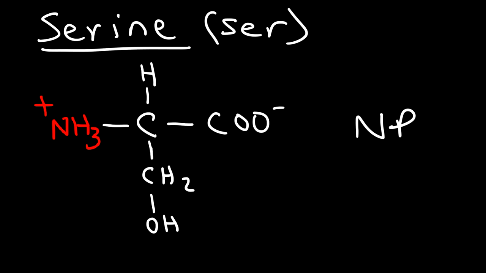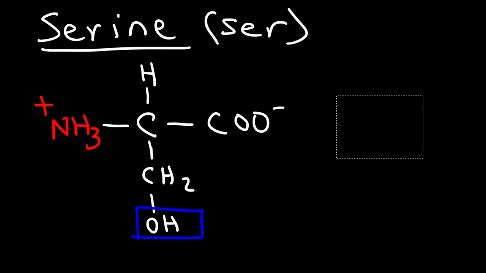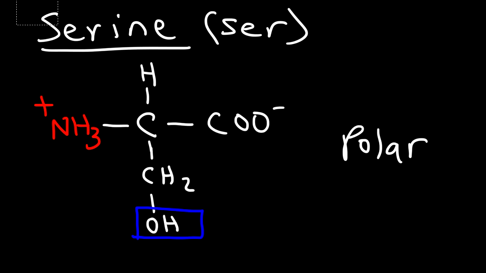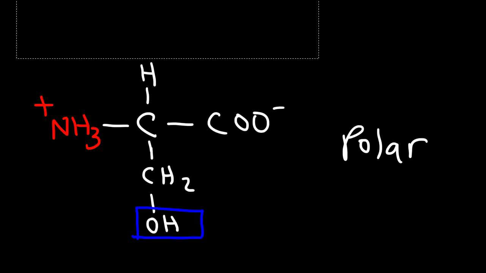So typically, when you see a hydroxyl group, it usually makes the molecule polar. So this is a polar amino acid, which means that it can dissolve well in water. So that's serine.